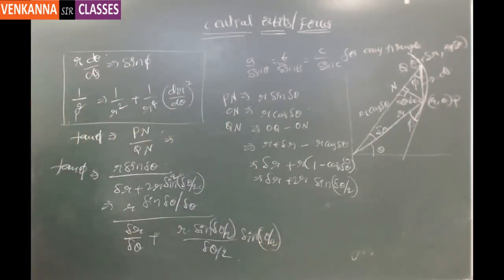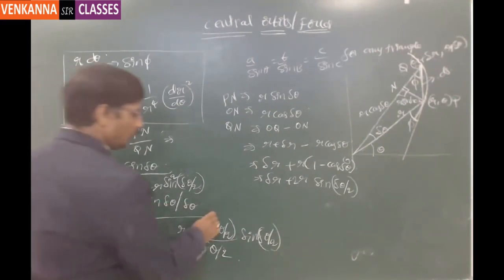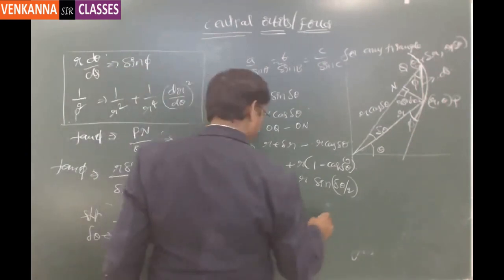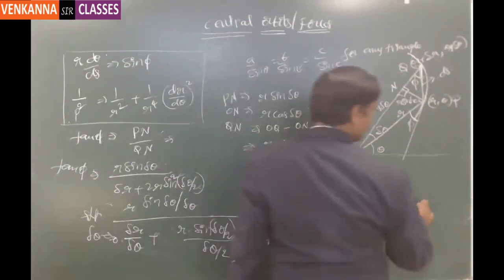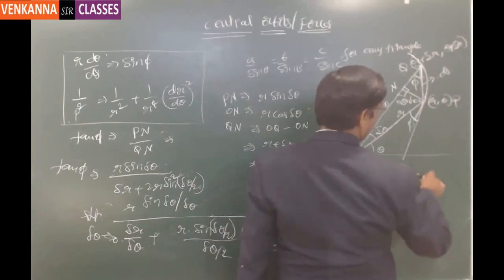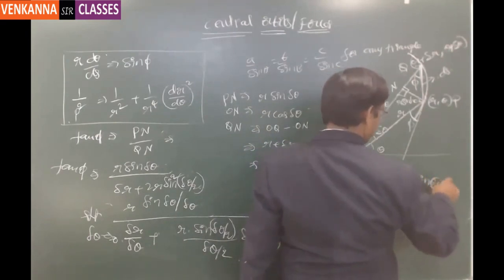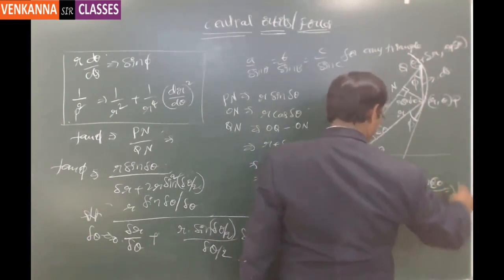Now if you take the limit delta theta tending to 0, yeah Pankaj, I just corrected. So this is delta r by delta theta, and this is r into sin delta theta by delta theta. So the numerator is going to be r, since sin delta theta by delta theta is equal to 1.